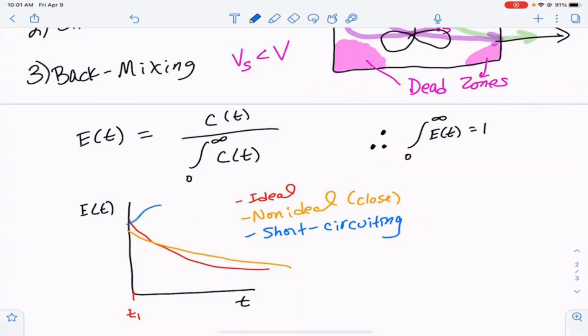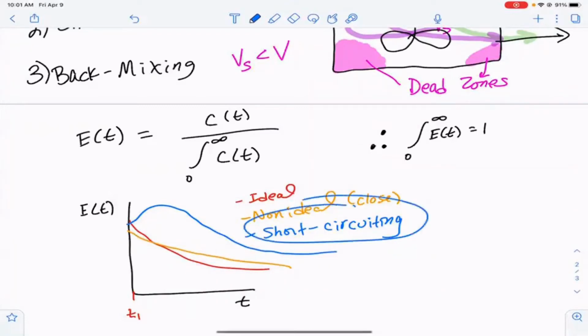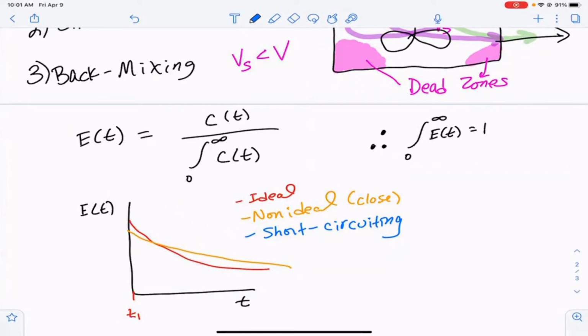Or comes up and then never quite gets to the low concentration that you thought, because your final concentration in the reactor is higher than it was at the beginning, or higher than it was in the ideal case.